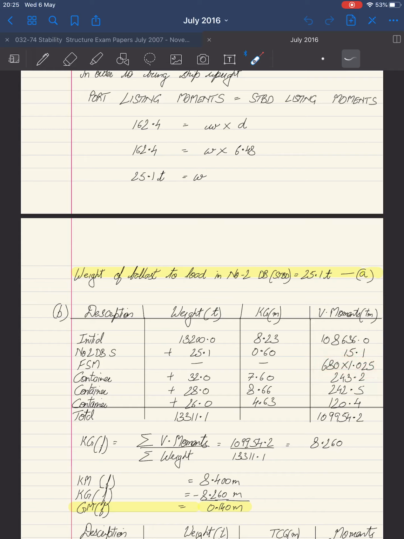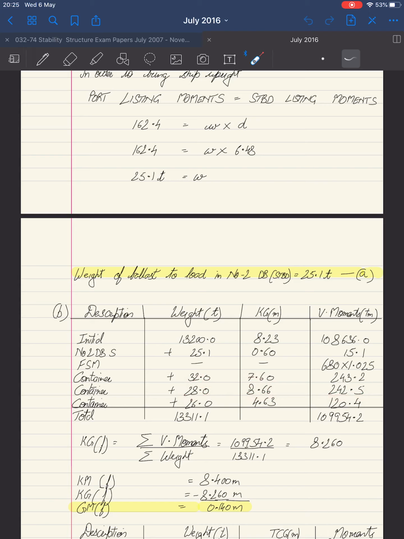We have loaded a container which weighs 32 tons at KG 7.6 meters, and we have got its associated vertical moments by multiplying these values. Another container was loaded weighing 28 tons, at KG 8.66 meters. So associated vertical moments have been obtained by multiplying these two values.